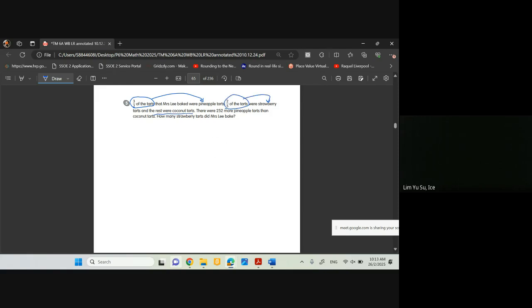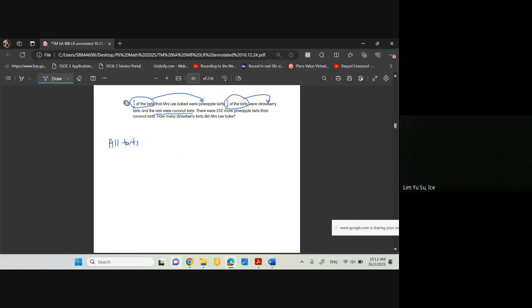The rest coconut. Very similar to the previous question. Luckily, this question never asked about remainder, because many of us will probably see remainder, you did already, right? So you have all the tarts.